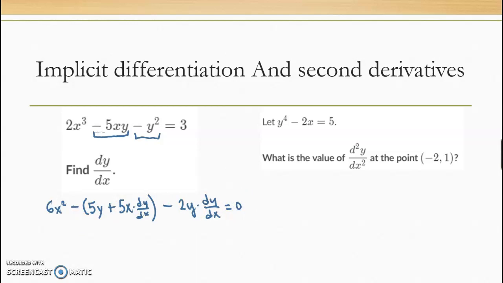The idea with second derivatives is you would do your implicit differentiation to begin, and then you would take a second derivative. But when you take the second derivative, you are also going to treat y like a function and treat dy dx like a function. So I would take my first derivative here.